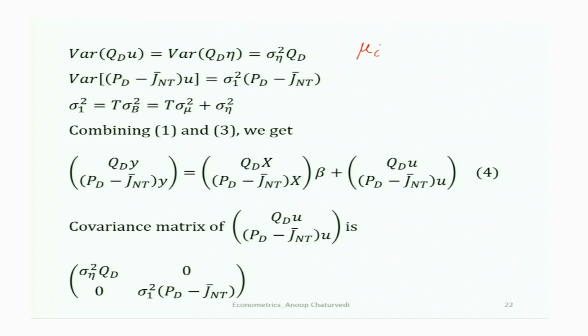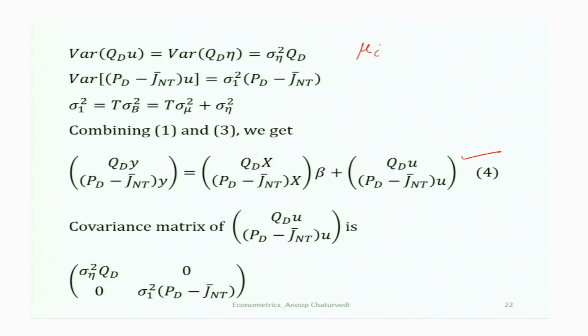Now, we combine 1 and 3, and then you can write these two models as Q_d y and (P_d minus J bar nT) y equals Q_d x and (P_d minus J bar nT) x beta plus Q_d u and (P_d minus J bar nT) u. So, we get this model 4 when we combine 1 and 3.